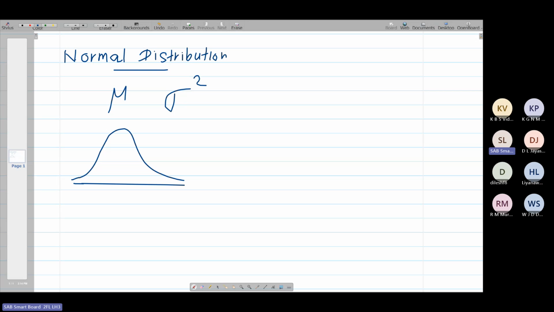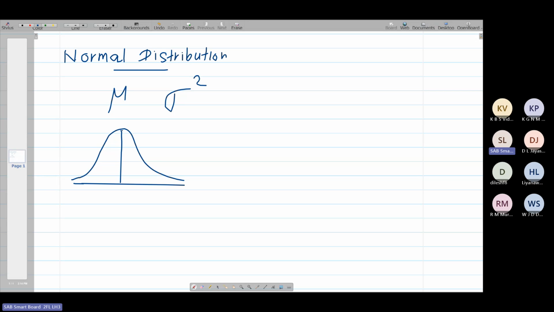The other one is that this normal curve, or density curve, has a single peak. This is the peak. Only one peak is there. This peak represents the central tendency measures. What are the central tendency measures?